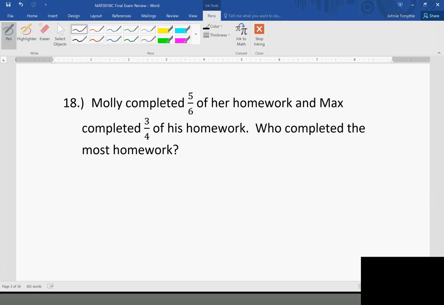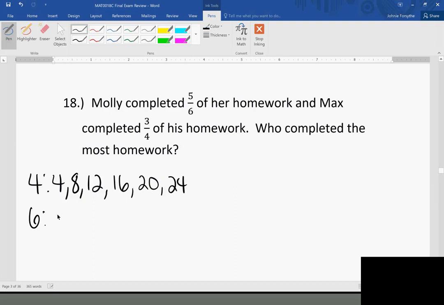So let's think of multiples. Multiples of 4, we've got 4, 8, 12, 16, 20, 24, and multiples of 6 would be 6, 12, 18, 24. So the least common one is actually 12.